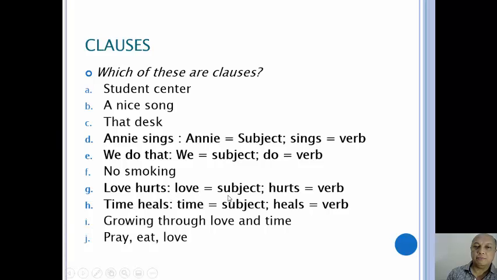Love hurts: love is the subject, hurts is the verb. Time heals: time is the subject, heals is the verb. Easy, right? So if you can identify the subject and the verb, then it is a clause. Other than that, the other combinations of words are phrases.